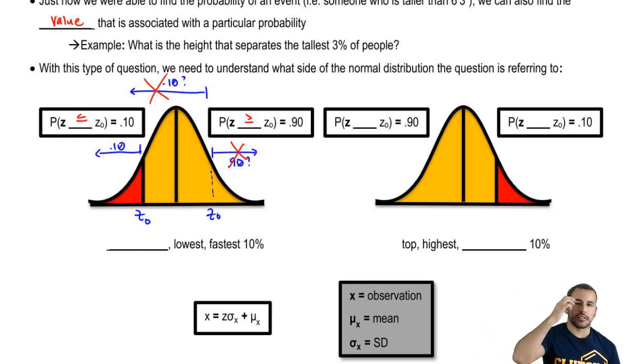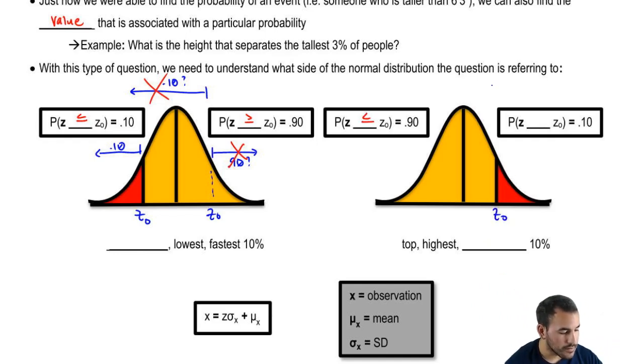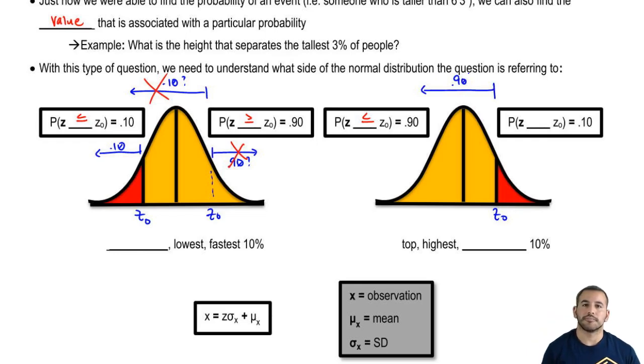So now let's go and do the other side as well. So here we have the probability that z is less than this particular number that I'm trying to find is 90%. That makes sense if it's on the right side because we should be able to have 90% right there, right?